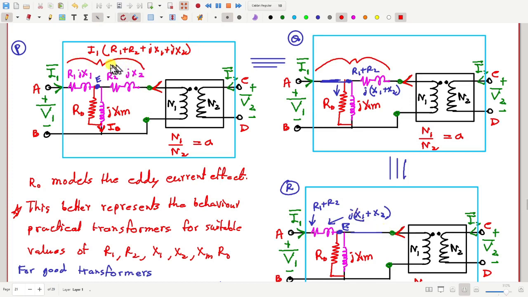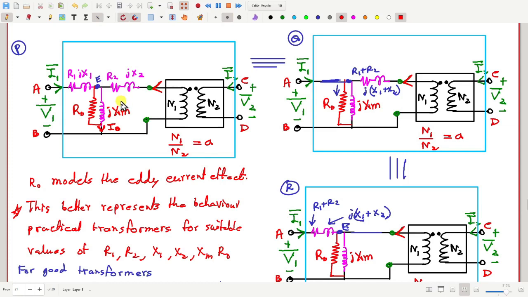So that's why we take these three circuits to be equivalent while solving problems related to transformers, because sometimes you may find it easier to solve the second circuit compared to the first circuit, and since it's a small approximation that is allowed, there is not much harm.